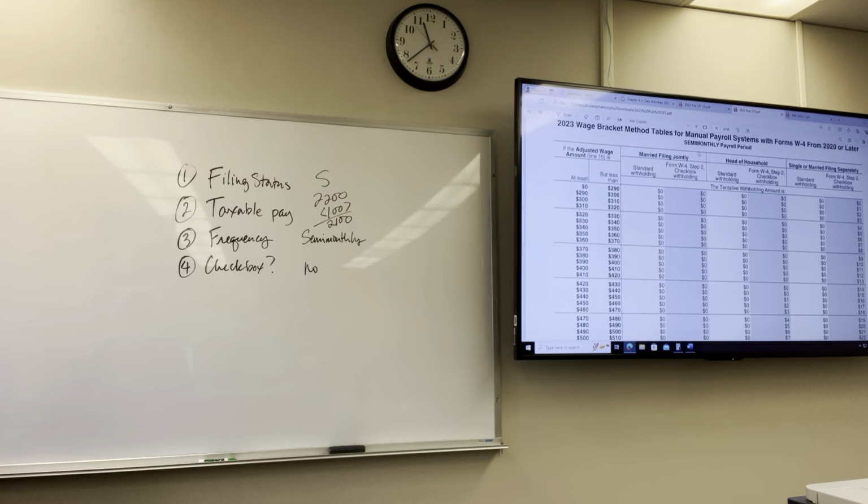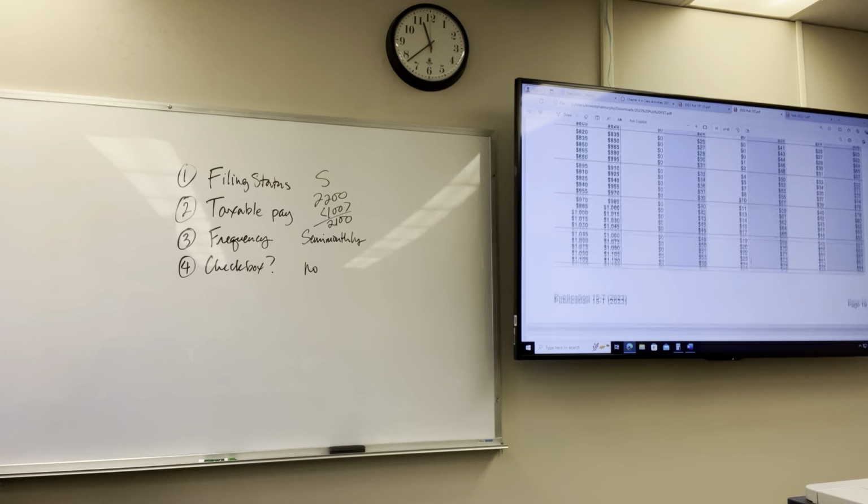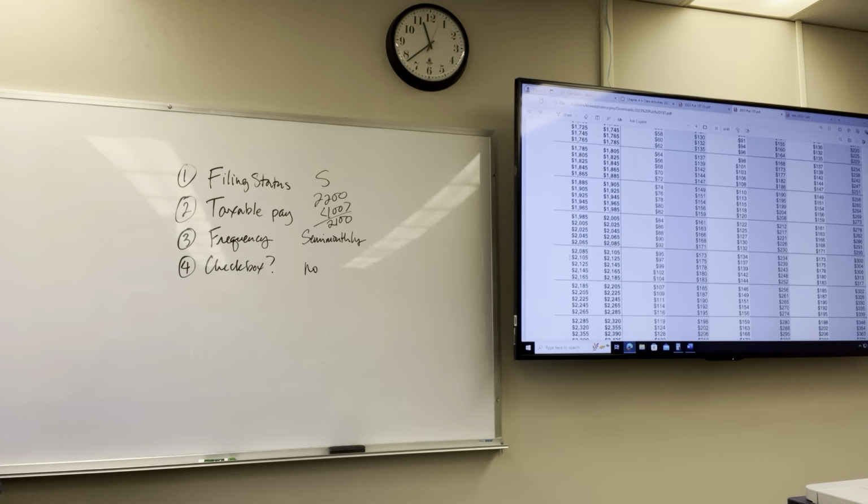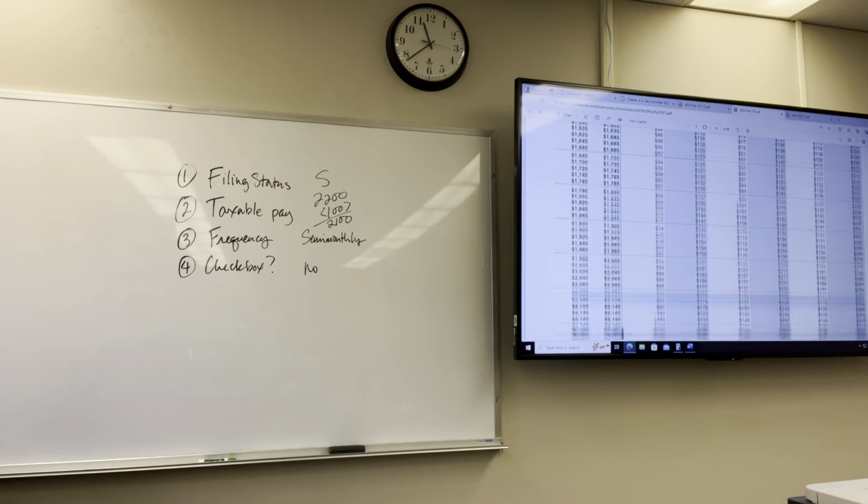Get the correct table here, semi-monthly, single, 2,100. All right, 2,100 is between 2085 and 2105. So here we go. She is single, no checkbox, so that's our standard withholding.